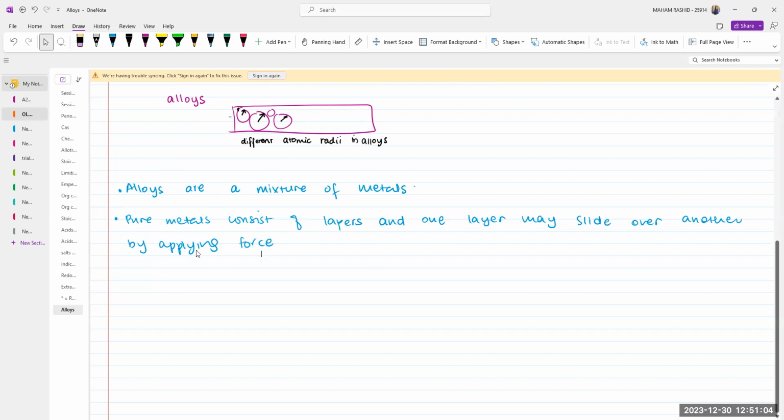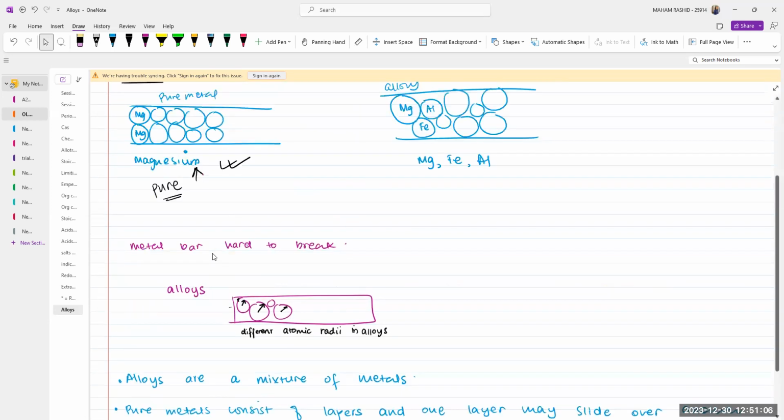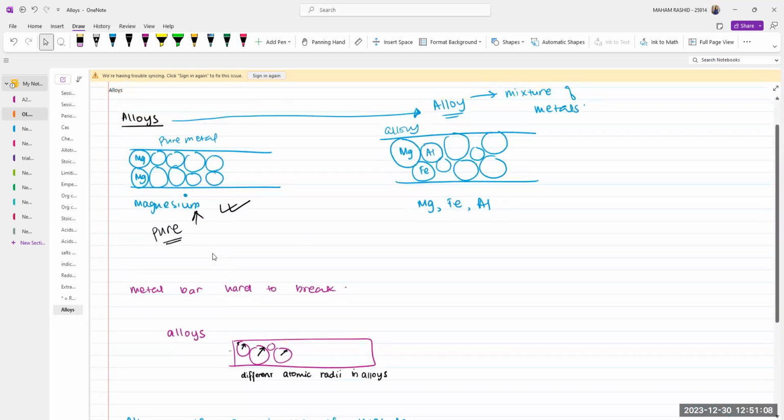Okay, so basically, why are alloys even made? Like you could just have a pure metal, right? Why are they made is because they reduce costs.